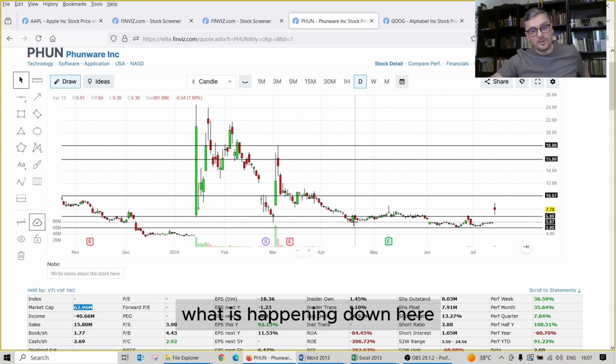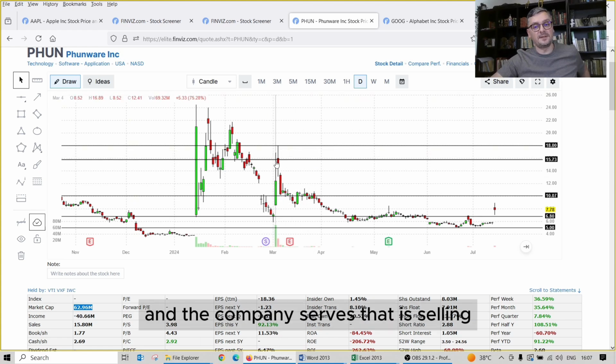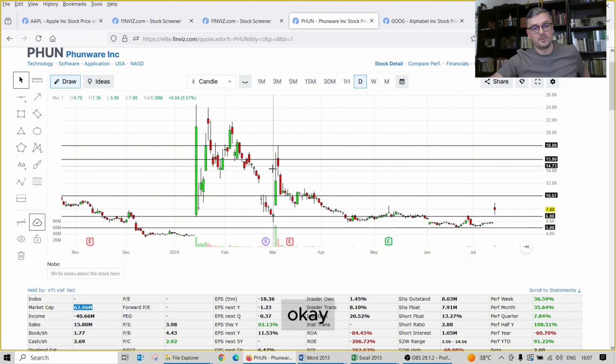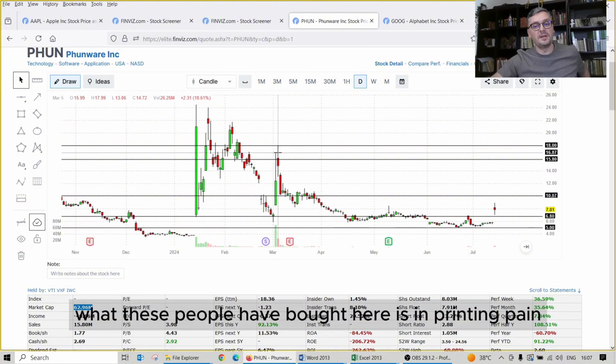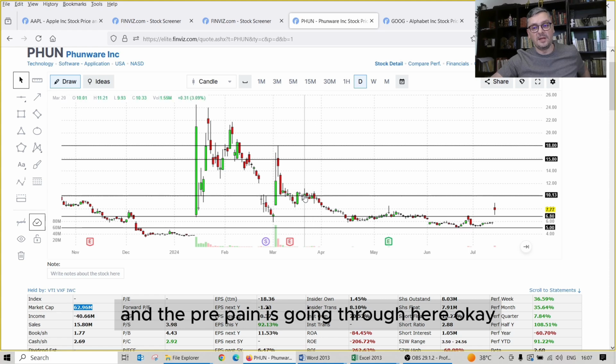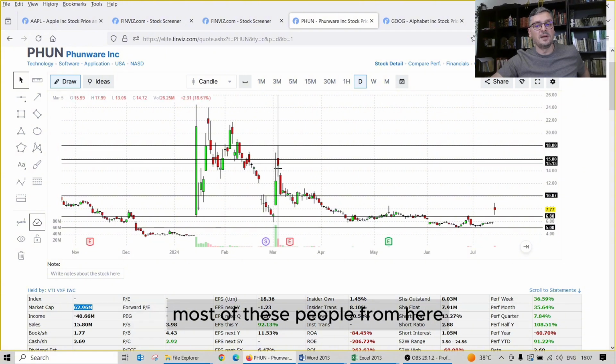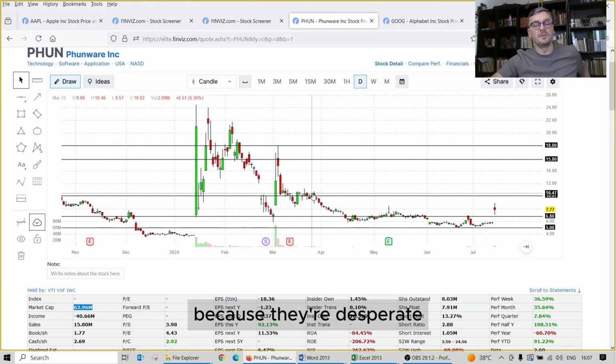What is happening down here? The market maker and the company itself is selling, okay, and what these people have bought here is imprinting pain, and the pain is going through here, at 10 or 10.07. Most, but not all of them, most of these people from here have sold their shares here because they are desperate.